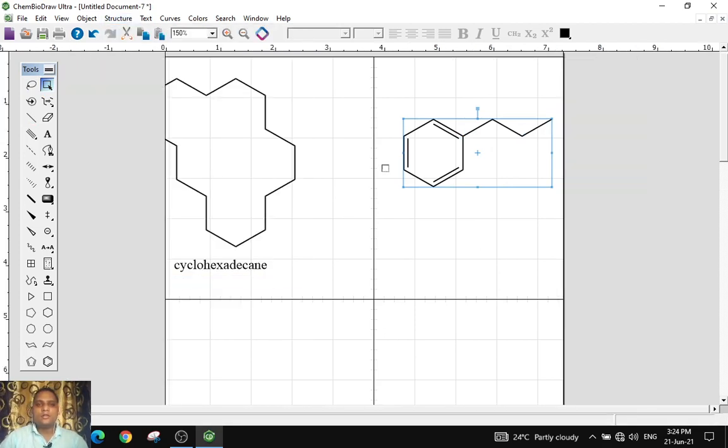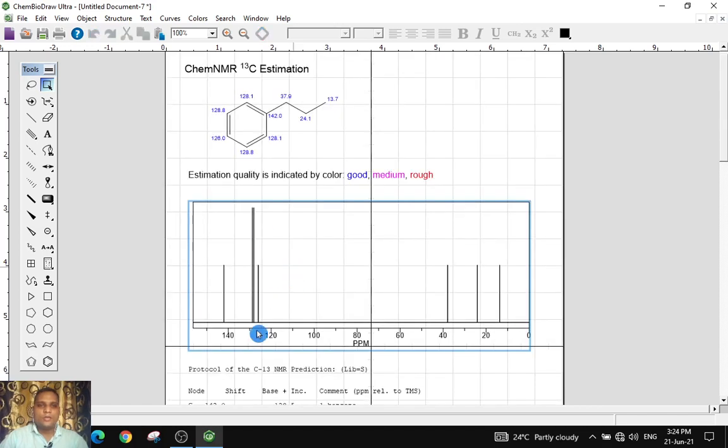You will see another interface where you can see the carbon 13 NMR. This is the aliphatic version, and after clicking on that one, you will see the values also appear. The 13.7 is the terminal CH3. This is the CH2 next to the CH3 at 24.1, and this is the benzylic CH2; since it is attached to the aromatic ring, it is deshielded. And this is the aromatic carbon.